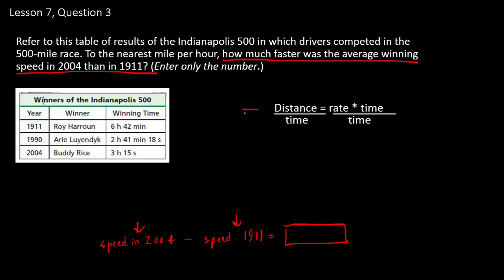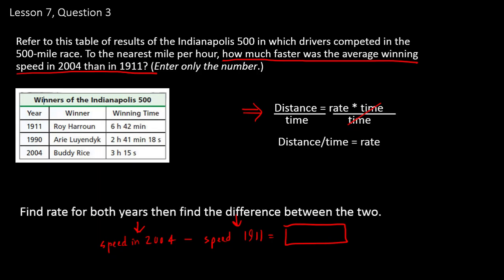Now remember that we're using our distance equals rate times time equation. In this case, since we're asked to solve for speed, we need to manipulate the equation and solve for rate. So rate is equal to distance over time. Find rate for both years and then find the difference between the two to find how much faster the average winning speed was in 2004 than in 1911.